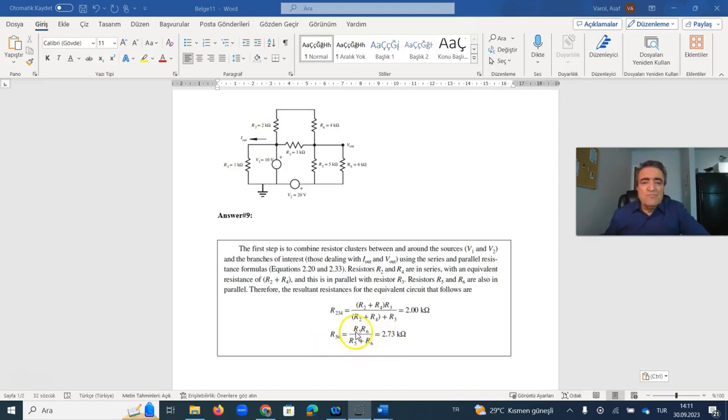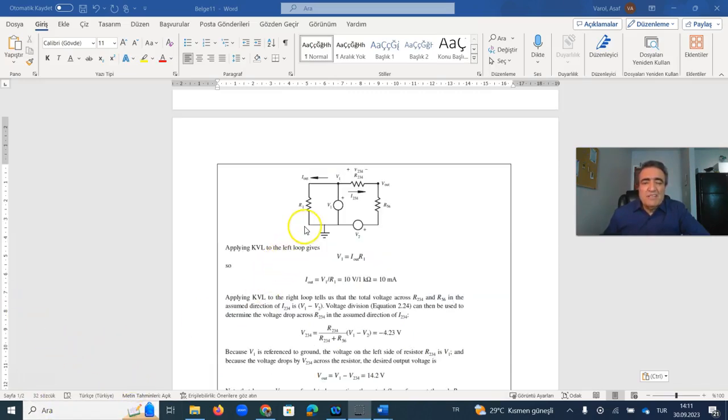R56 is equal to R5 times R6 over R5 plus R6. After substituting the values in the formula, you will get R56 as 2.73 kilo ohm.